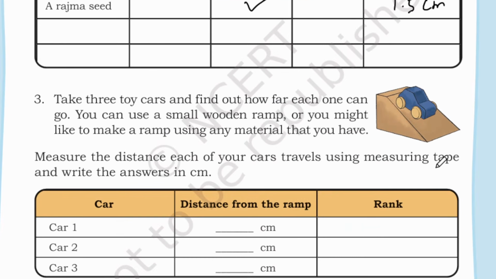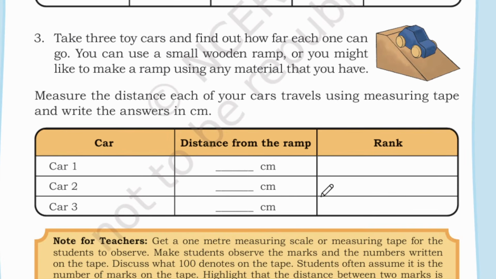So next one, take 3 toy cars and find out how far each one can go. You can use a small wooden ramp, or you might like to make a ramp using any material you have. Measure the distance your car travels using a measuring tape and write the answer in centimeter. So this is going to be very interesting, students.